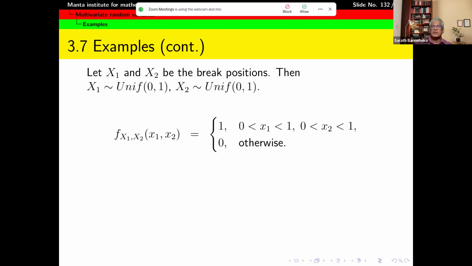So x1 can be anywhere in the interval 0, 1 uniformly distributed. x2 also can be anywhere in the interval 0, 1 uniformly distributed. So therefore, the joint density function of x1 and x2 can be written as 1, because x1 and x2 are independent. The joint density function will be the product of individual densities, therefore it's 1, but it is defined on the square given by x1 between 0 and 1, x2 between 0 and 1. Right? It's a unit square.